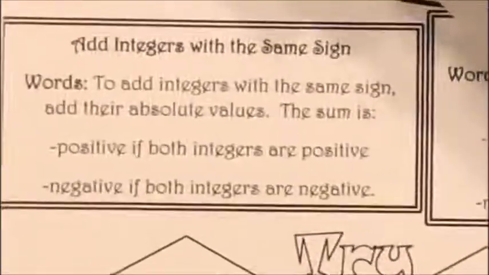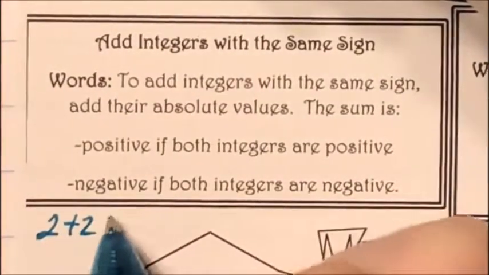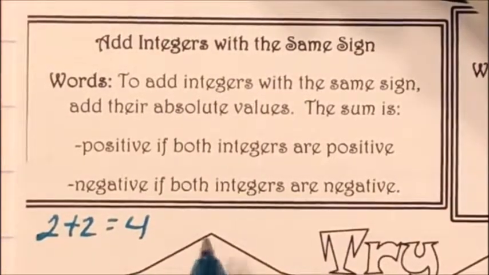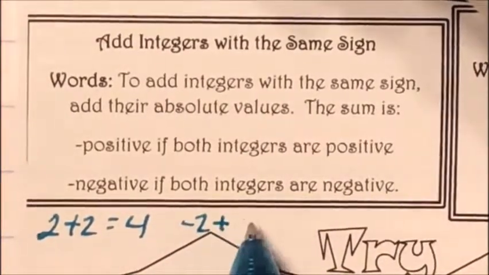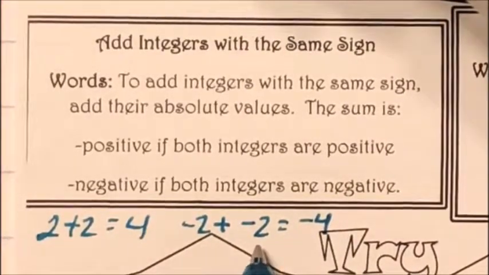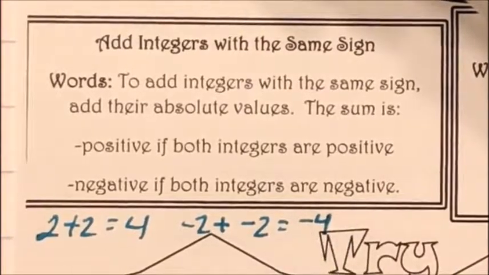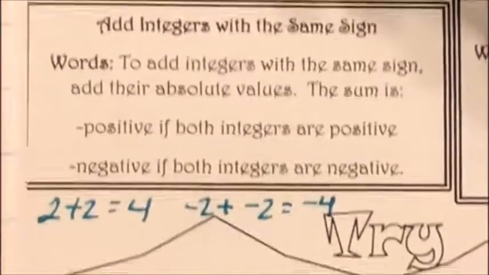So an example of this would be 2 plus 2 equals 4, or negative 2 plus negative 2 equals negative 4. 2 plus 2 is still 4. Both of them are negative, so then I have a negative answer.